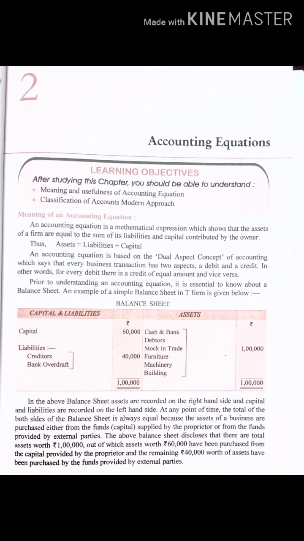Internal liability means the owner has brought that capital, but sooner or later, in the future, the business has to pay that back. Whatever the business has to pay, even in the future, will come to the liabilities side. So plus liabilities means other liabilities. Now assets are all the assets which you own. That is what is shown over here.